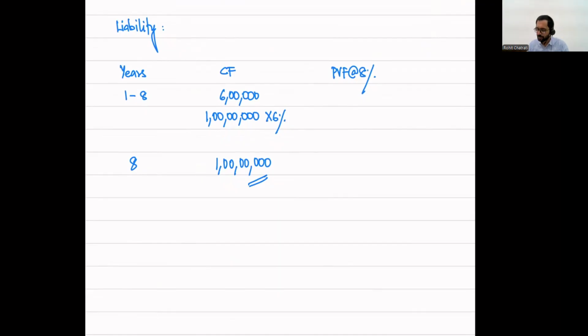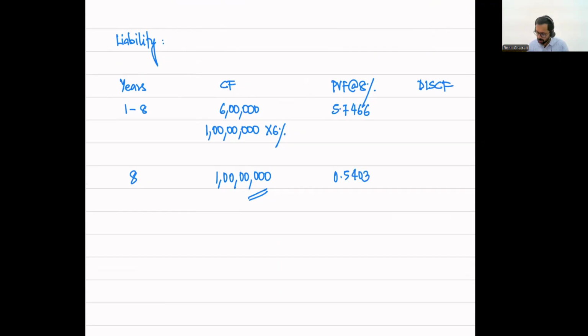So let's calculate the present value factors and the discounted cash flows. The present value factors are 5.7466 for 8 years at 8% and 0.5403 for the 8th year. So the discounted cash flow is going to be 5.7466 multiplied by 6 lakh rupees, which is equal to 34 lakh 47,960.